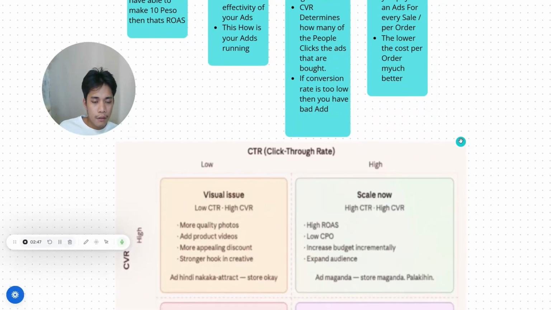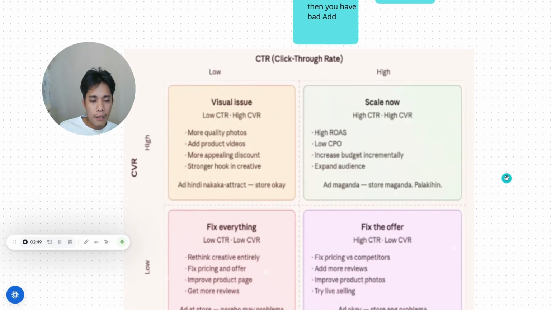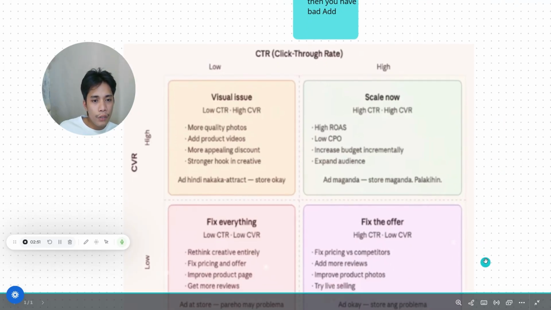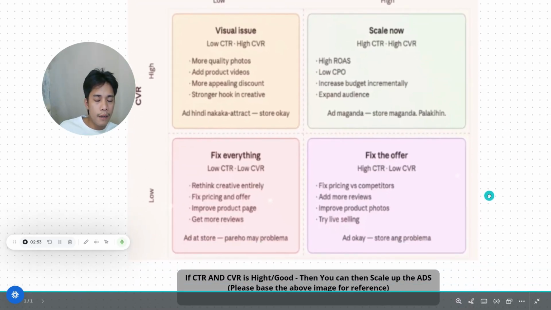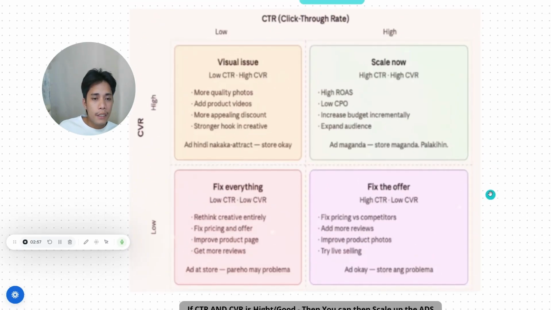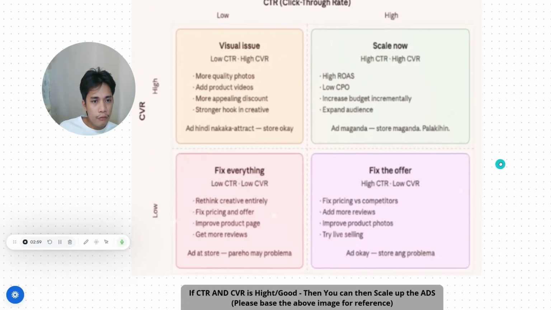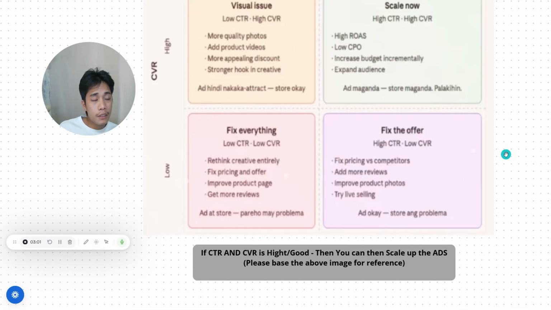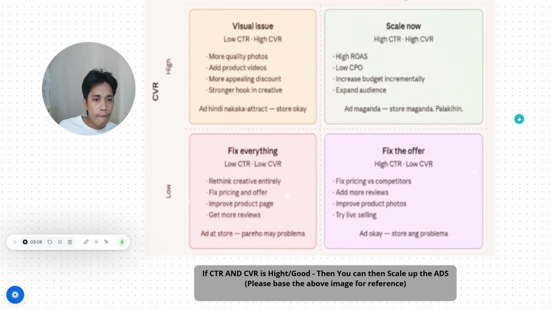So here is the sample on how we are going to determine what are the things that we should be doing for every result of an ad. Let's say for example we have a visual issue. A visual issue is a result of low CTR but high conversion.